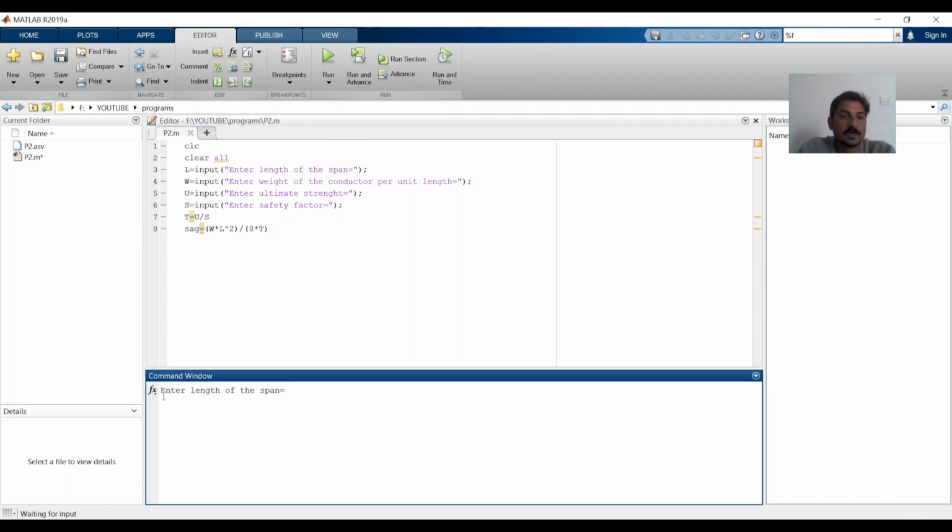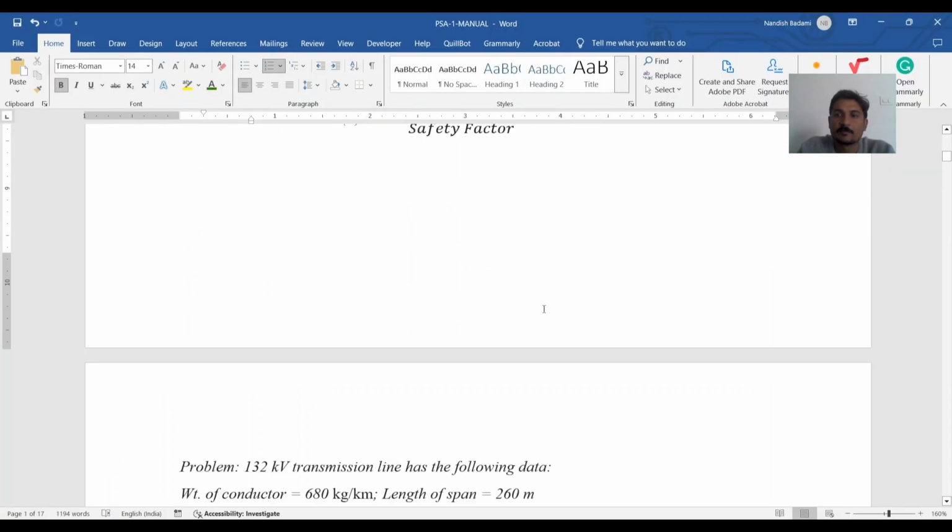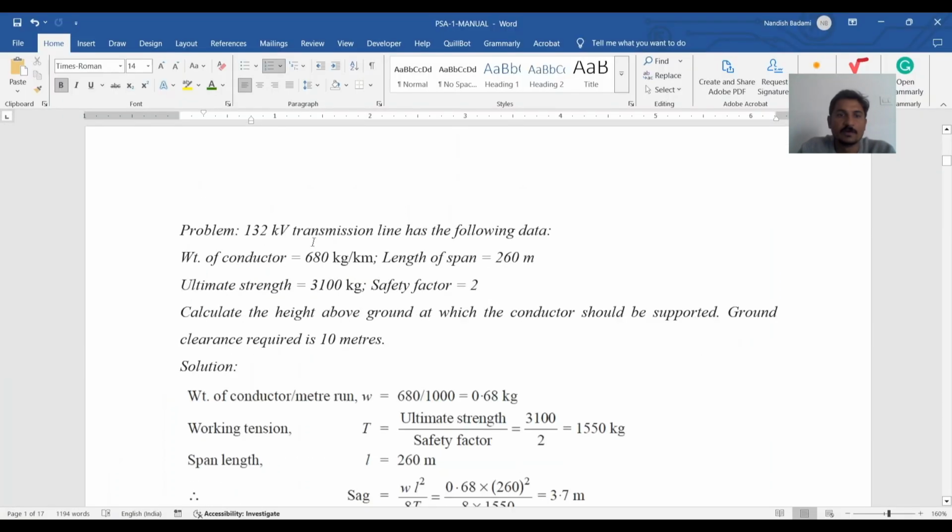In the command window we get the first input, enter the length of the span, and it has to be some value. Let us consider a problem where a 132 kV transmission line has a conductor weight of 680 kg per kilometer, the length of the span is 260 meters, and the ultimate strength is 3100 kg with a safety factor of 2.